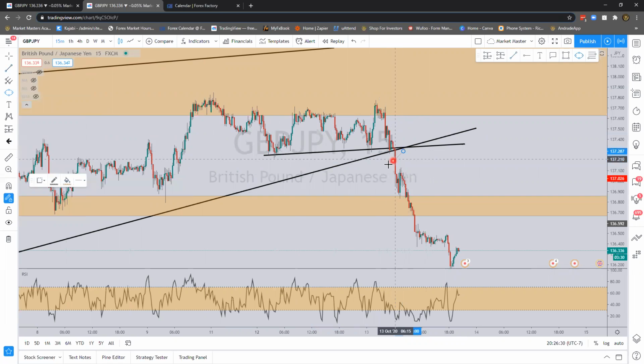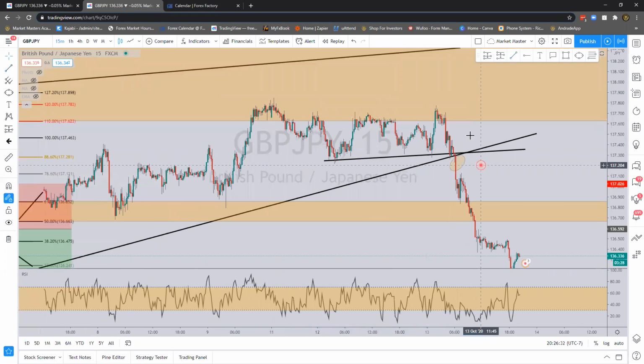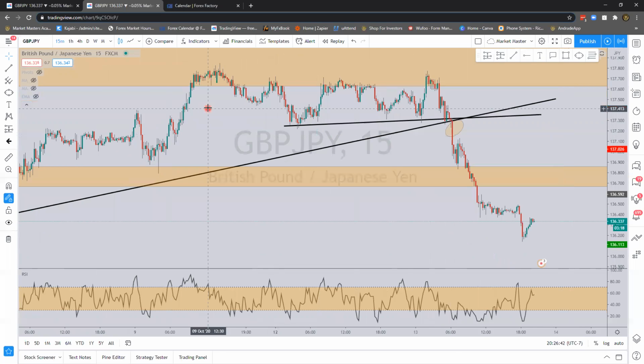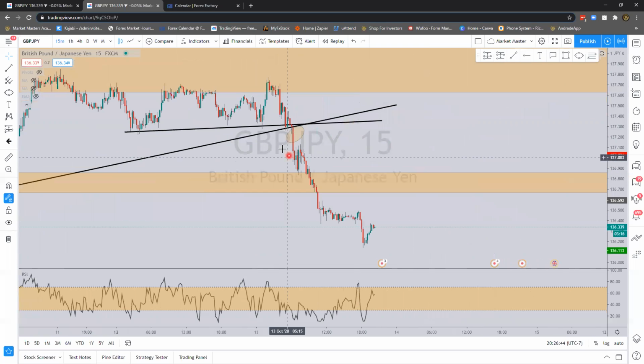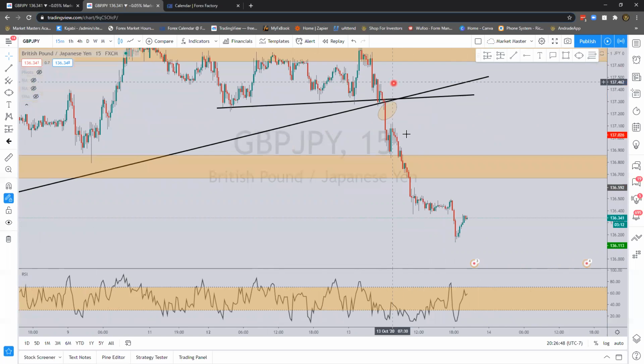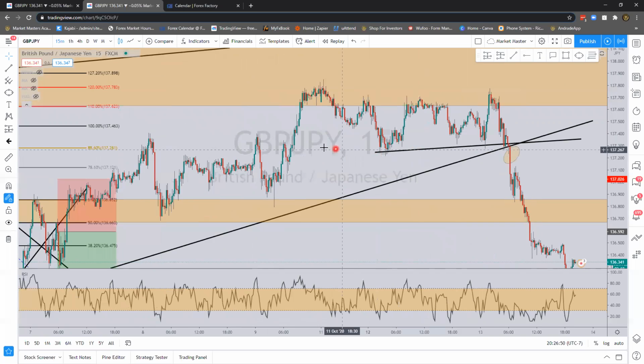It already broke through, so it was already like confirmed to sell on this trade, and it was a strong bearish move going down. So yeah, that was a pretty easy trade there.